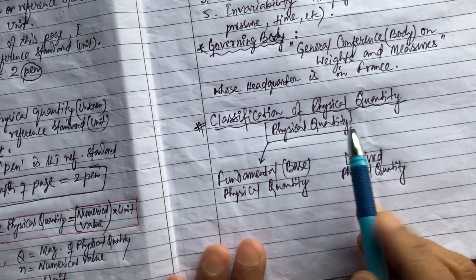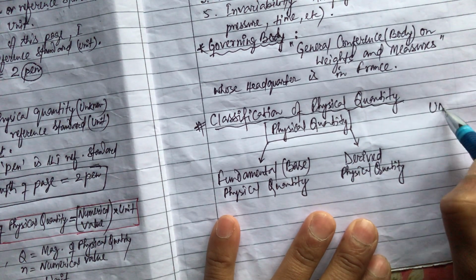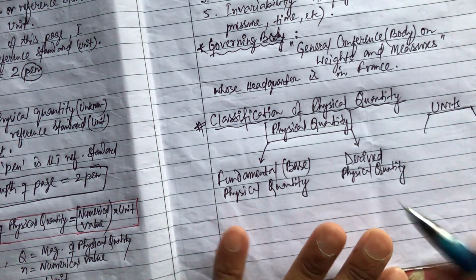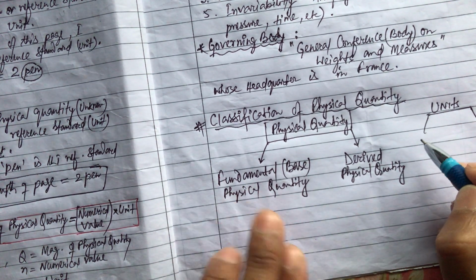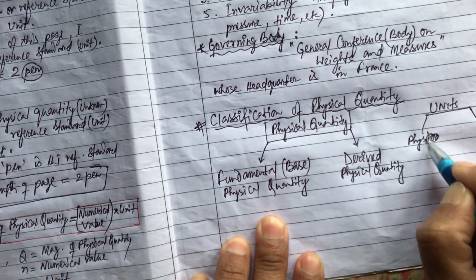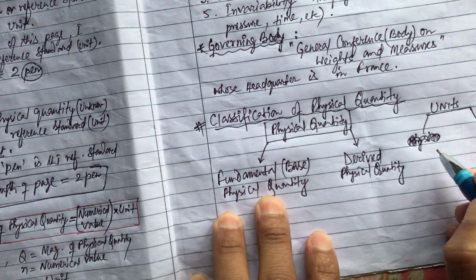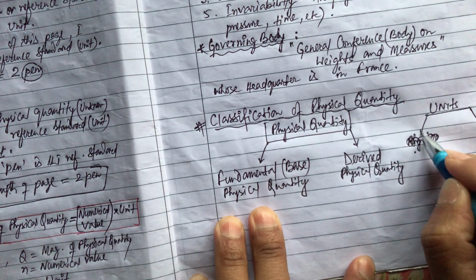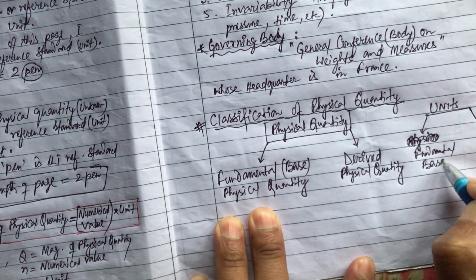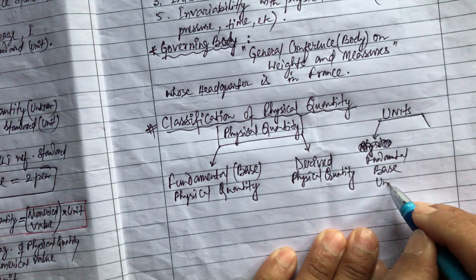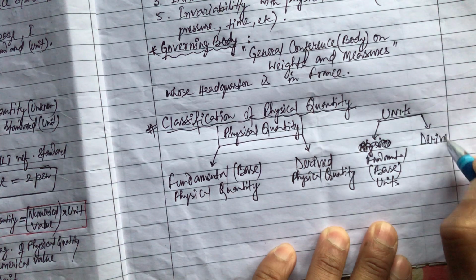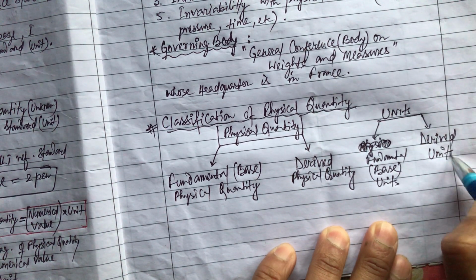Now these are the physical quantities, and if we talk about units, units also are of two types. For fundamental physical quantity we find fundamental or base units, and accordingly we find derived units.